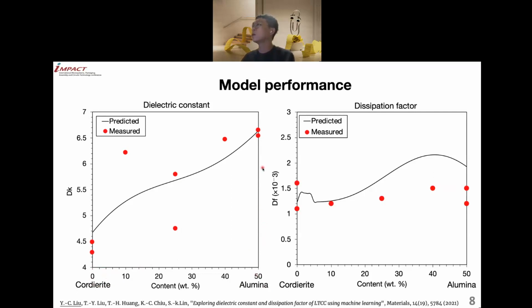So if we want a low dielectric constant LTCC, we may want to design the composition toward the cordierite composition, as well as these regions. This also guides us on how we can design our recipe for the LTCC.